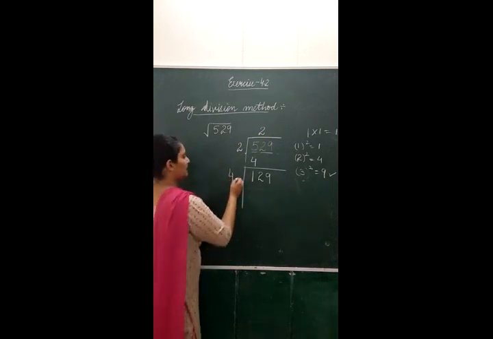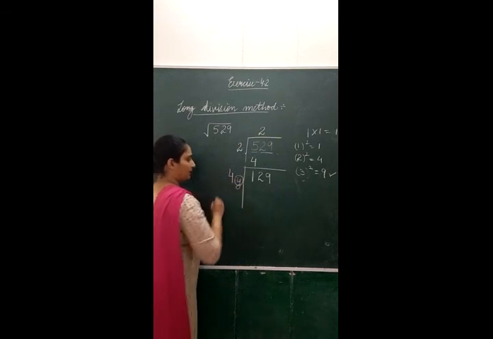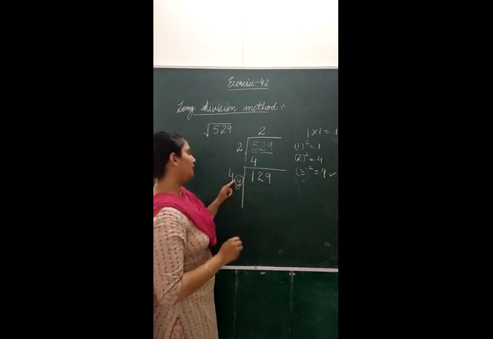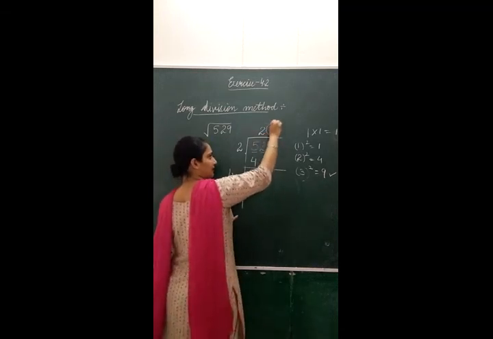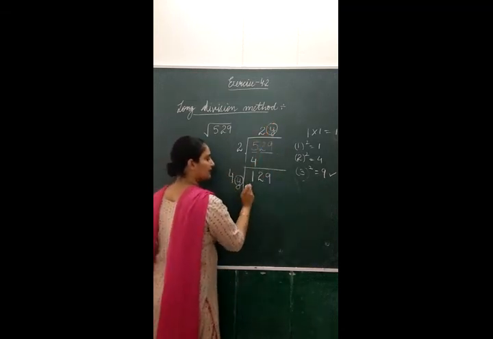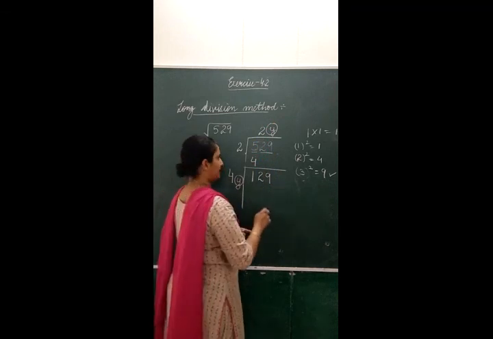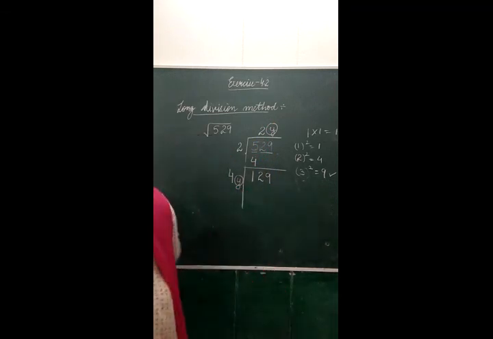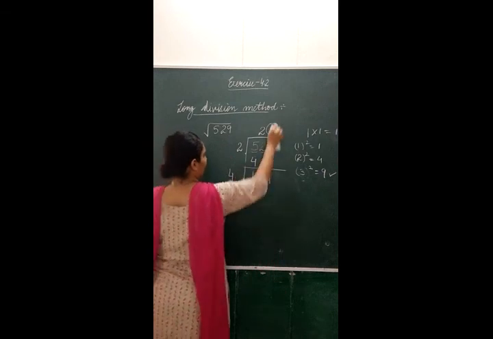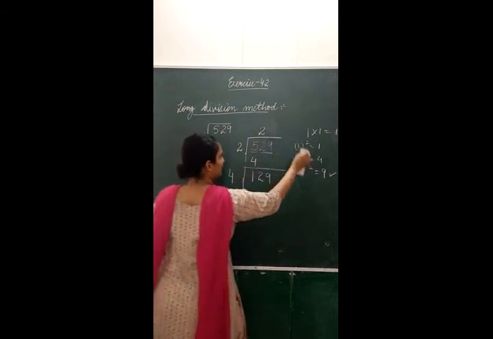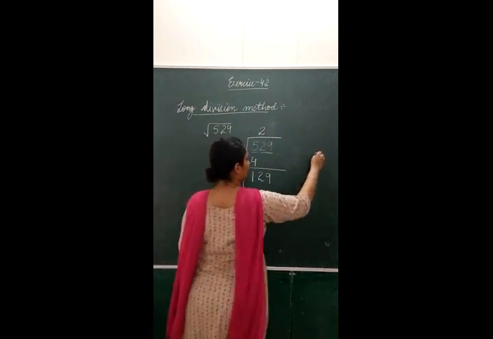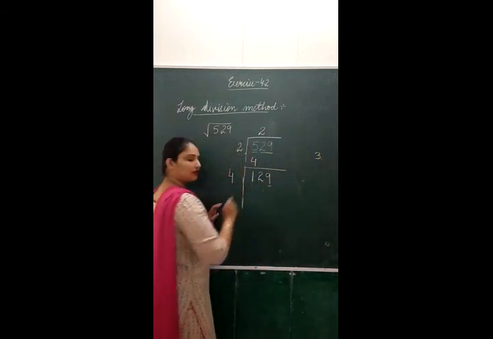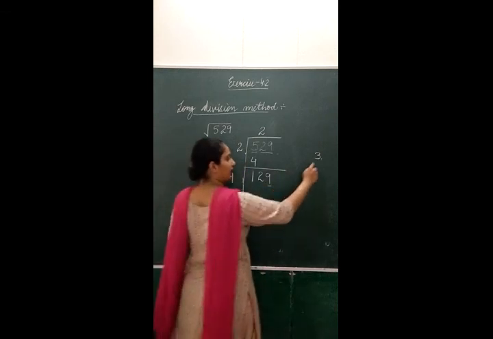Now, here let's consider some number as y. Now we have to find a number y such that 4y multiplied by y gives us 129 or less than 129. So, here we have to find the value of y. So, suppose if we take it as 3, because we want 9 at the end, so 3 threes are 9.